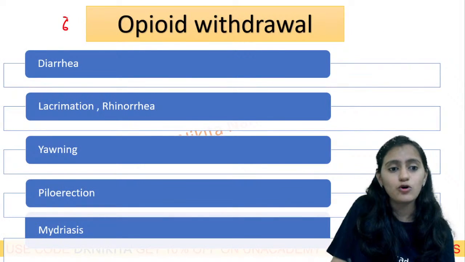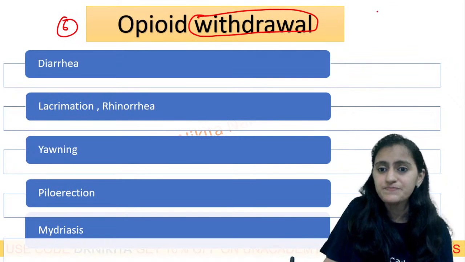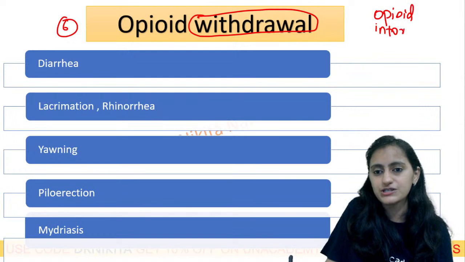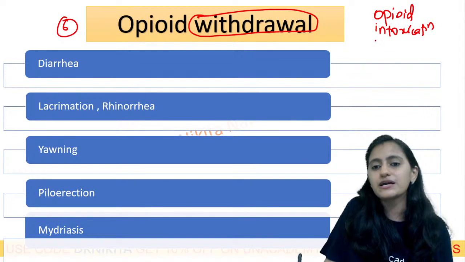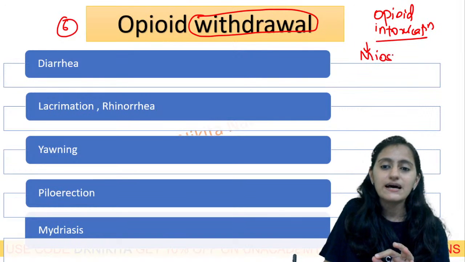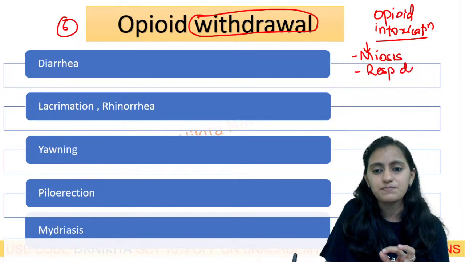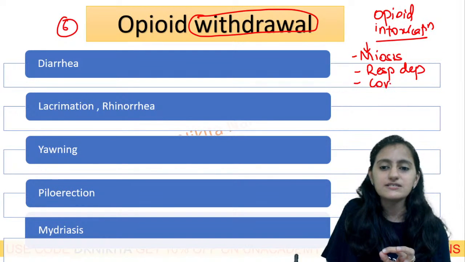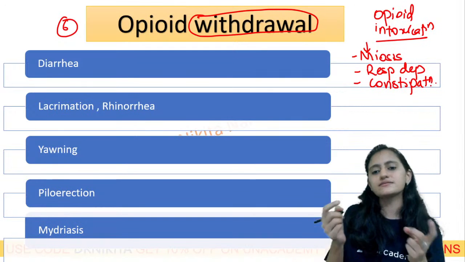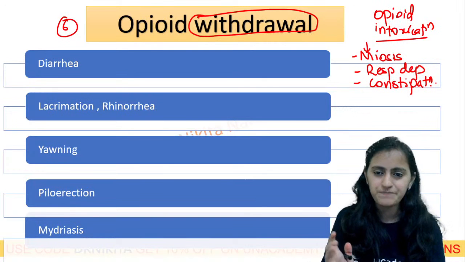Next, this is opioid withdrawal. I'm not talking about opioid intoxication. If I have to talk about opioid intoxication, it causes pupillary constriction, that is miosis, and it causes respiratory depression, and it causes constipation, right? That is what it causes. So miosis, respiratory depression, constipation, we have read this in pharmacology already.